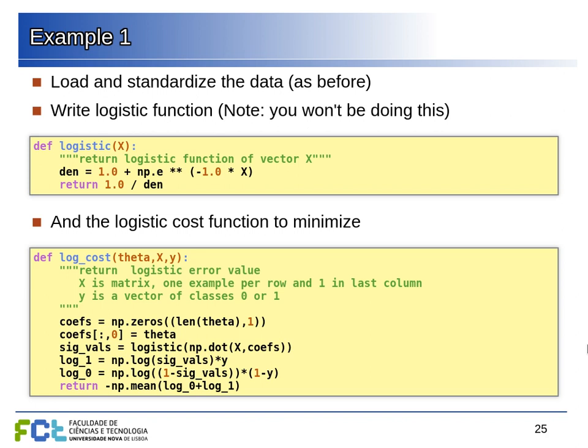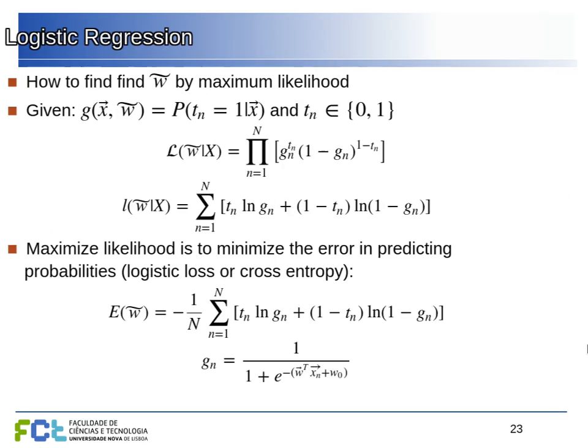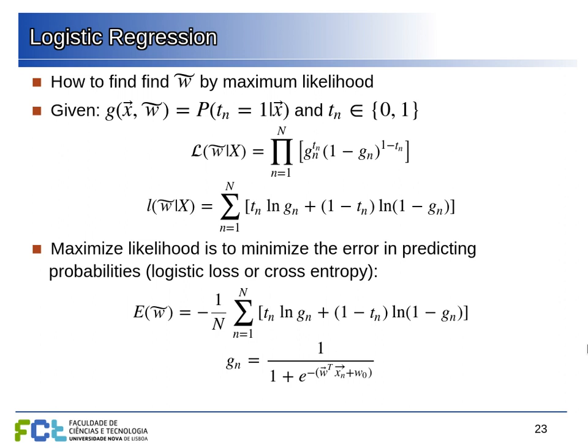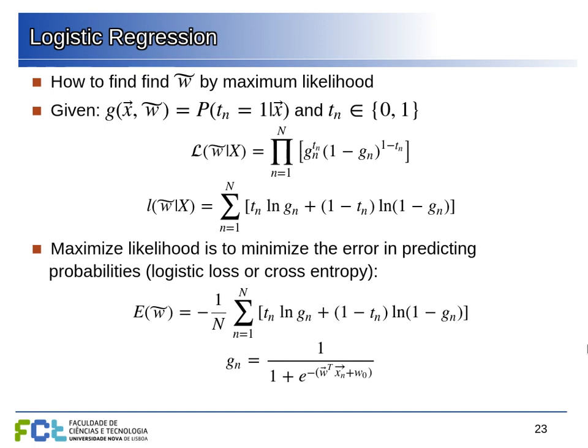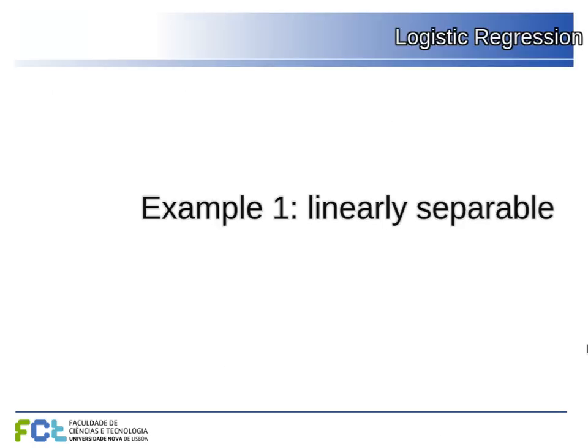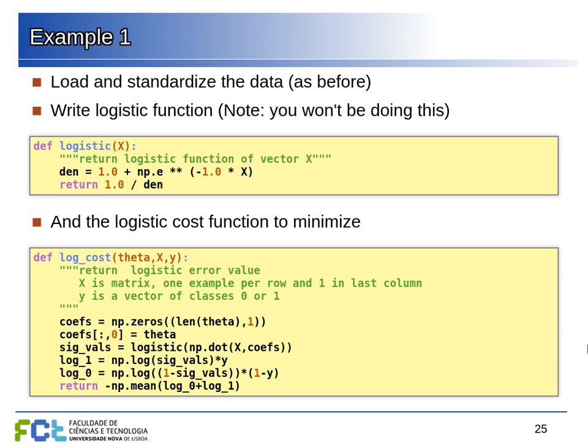So basically, this is just multiplying the x by the parameters, then calling that function there to compute the value of the logistic function for all the points. So we do that here, and then we compute the logarithms for those of one class or the other, and then sum everything, or compute the mean and change the sign.